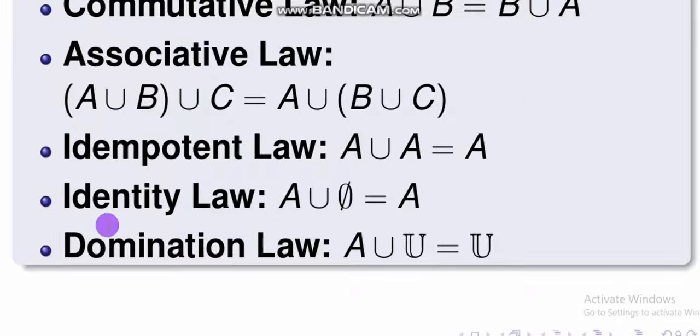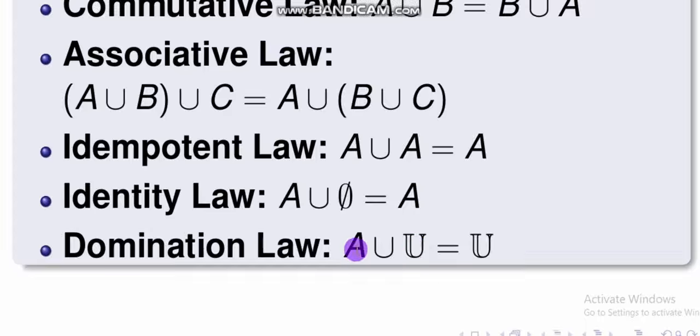The next one here is the domination law. This is when you have a set and you also have the universal set. You are uniting a subset, this subset, to the universal set.